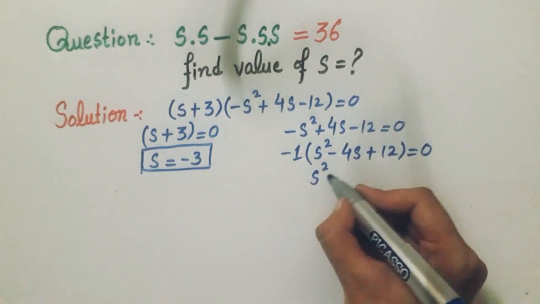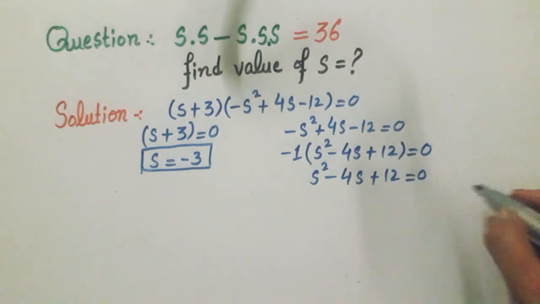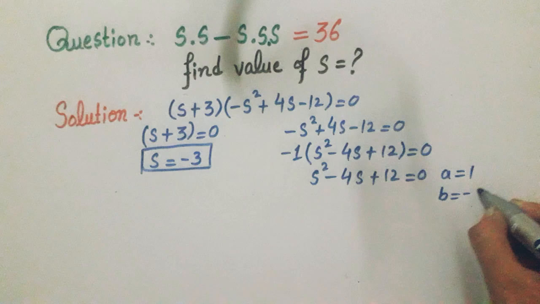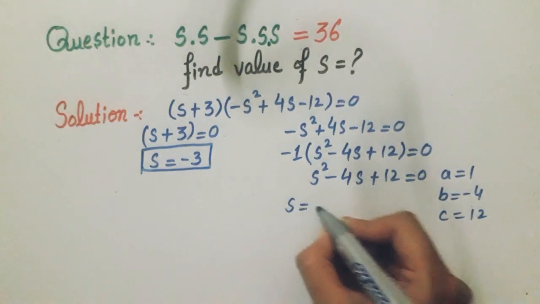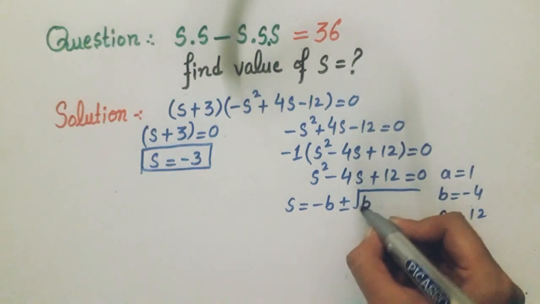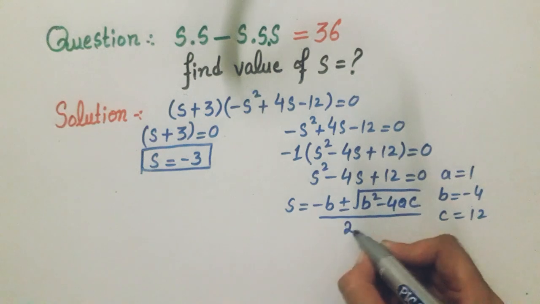Here we apply the quadratic formula on this because we have a equals 1, b equals minus 4 and c equals 12. So s equals minus b plus minus the square root of b squared minus 4ac, over 2a.